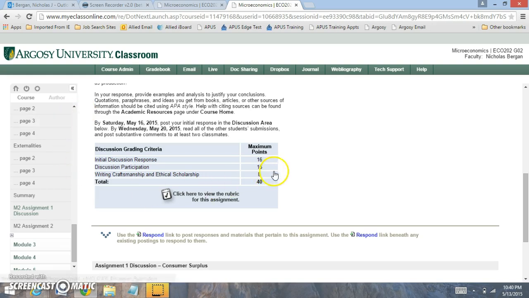Now let's review how you're being graded. Discussion participation: if you have your first post by Saturday, and you have 2 peer responses that are at least 1 paragraph in length, you'll earn 16 points. To earn these 8 points, are you ensuring that you're not using text lingo? Do you have proper grammar, spelling, and capitalization?